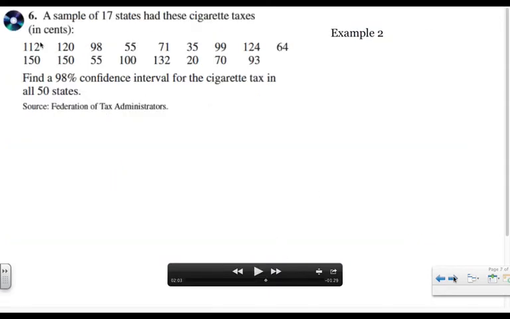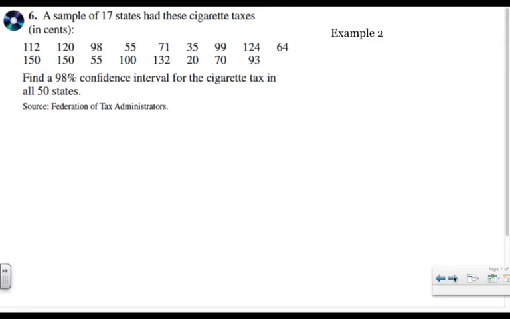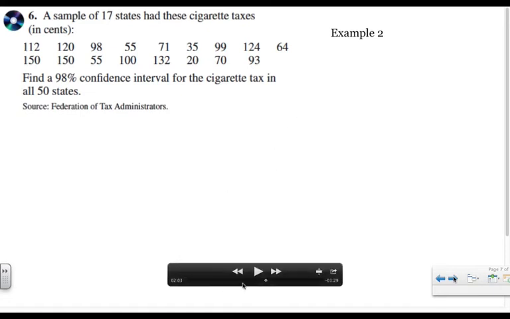Example 2. Now, this one uses the idea that you're given a set of data. You'll have data, and you have to find the mean and the standard deviation from your calculator. You have to have a graphing calculator. You can't do this without it. So that's the first step, is actually plugging it in the calculator.